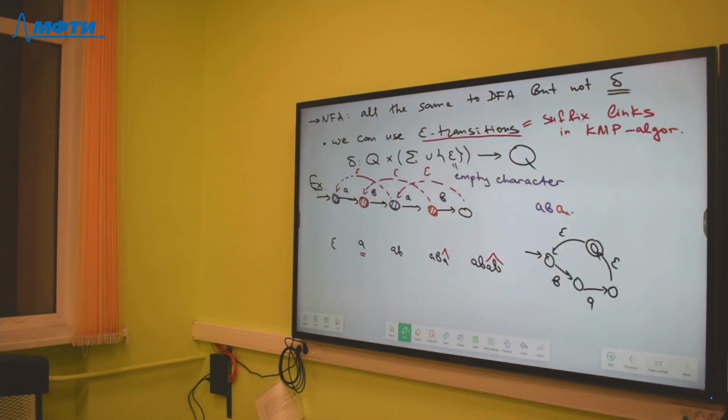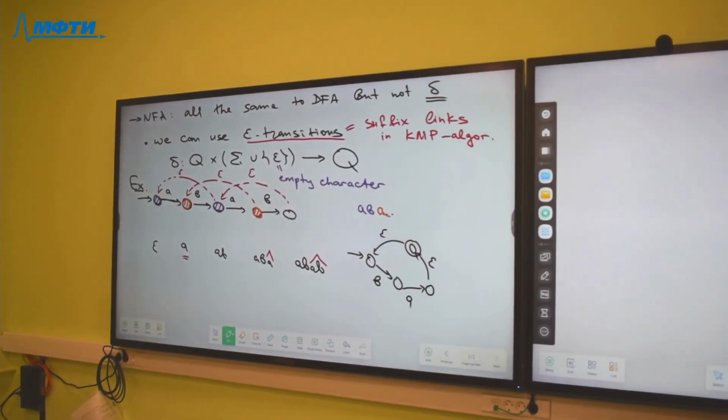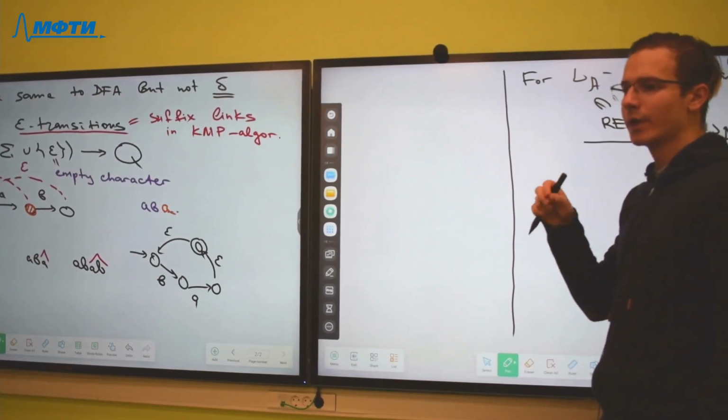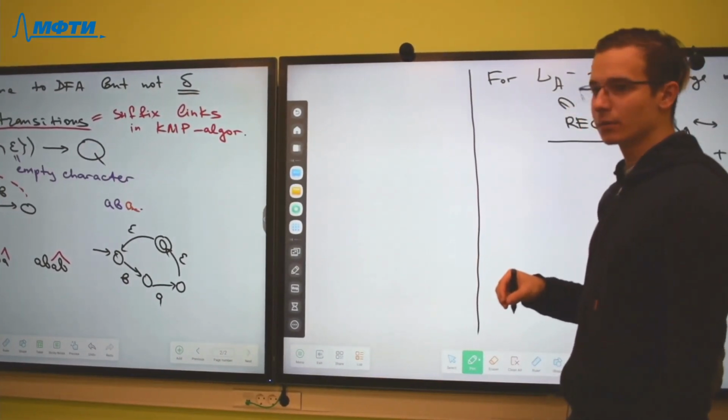The same as in the edit distance task. Do you remember? When we add some empty characters.